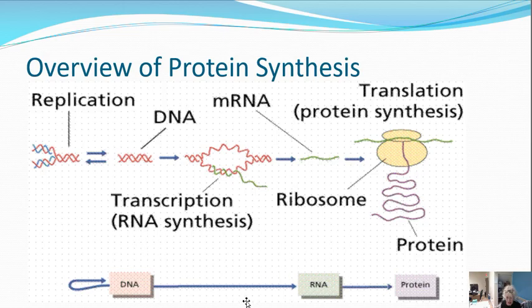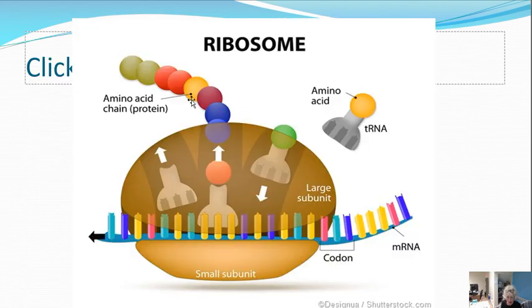We have DNA, RNA, protein. So the subunits are what the antibiotics break. There's a ribosome, amino acid chain, amino acid transfer RNA, large subunit, codon, small subunit.